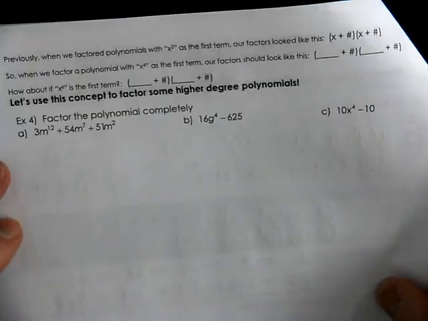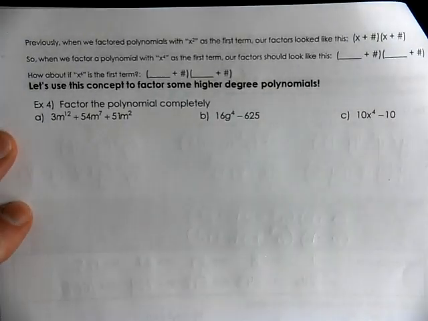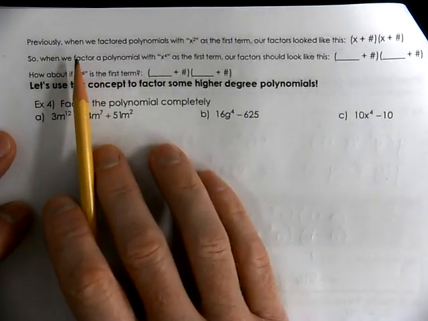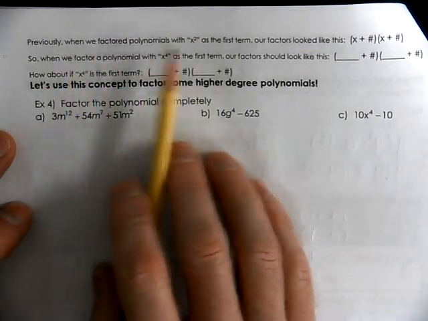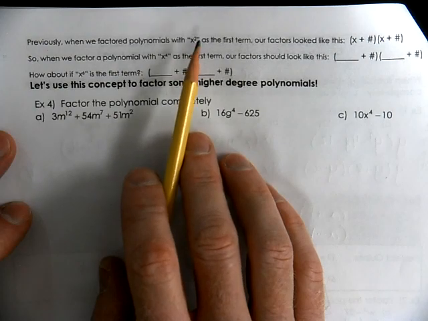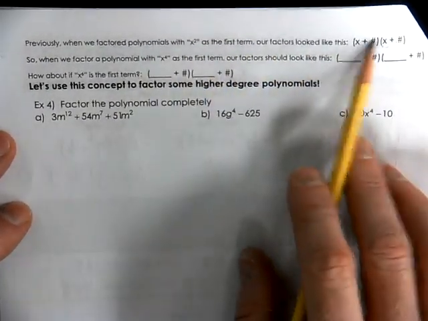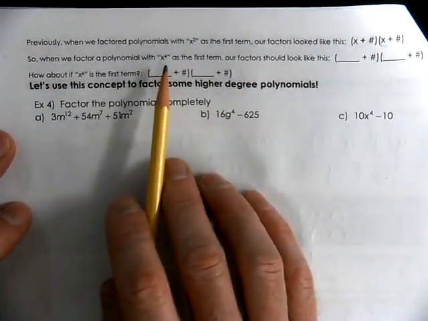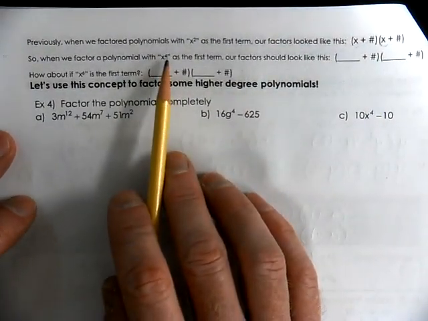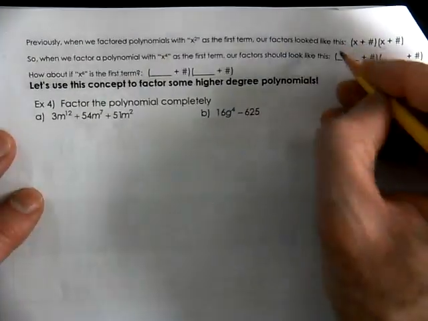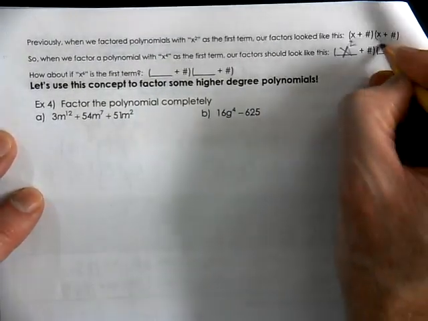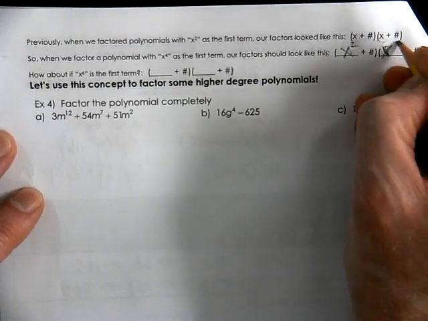Right, the last example that we have, it looks really intimidating, but it's the same patterns that we have used before. In our previous lessons, we've always worked with x squareds. So we had x and x to make x squared, and then we had some number. So if we have x to the 4th power, all we're going to do that's different is use x squared and x squared.